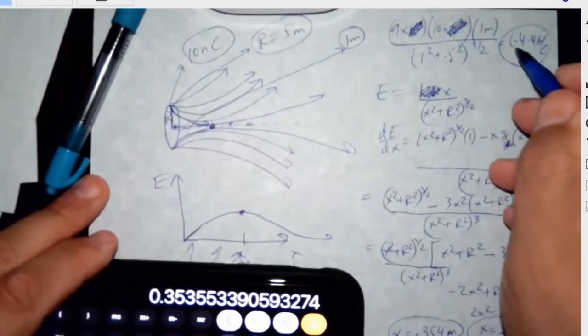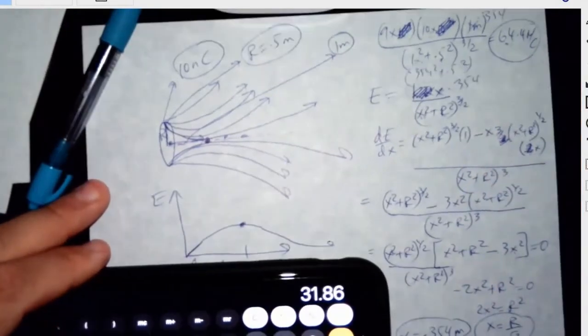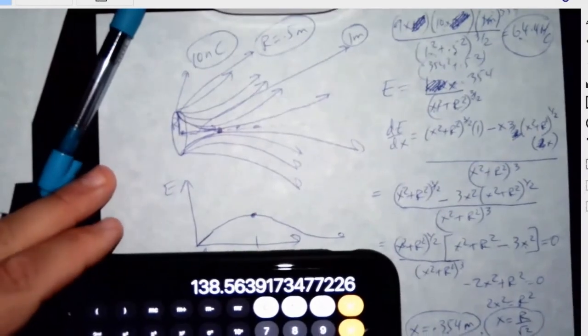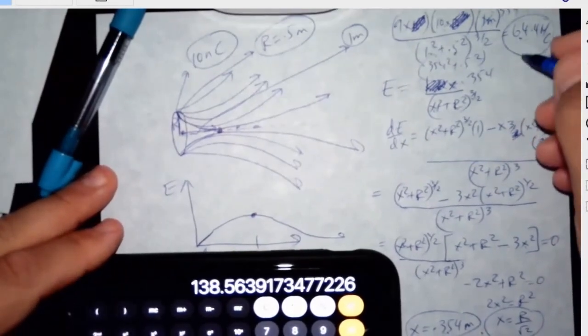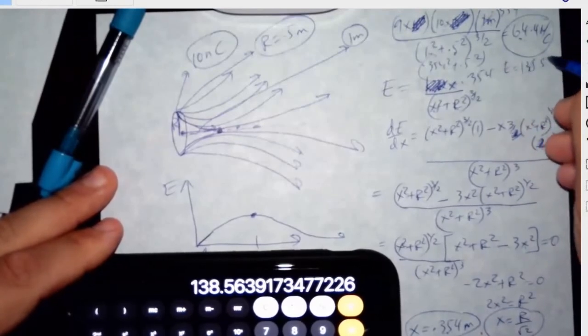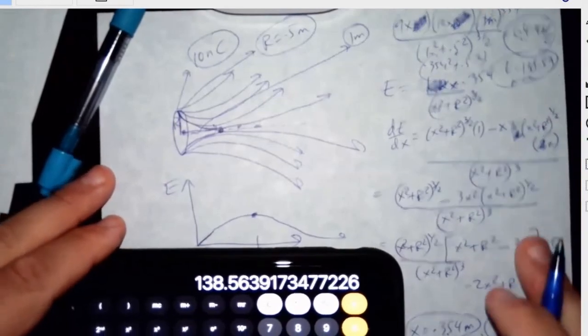You see, it's going to be larger than this number. So what is 0.354 squared plus 0.5 squared, close parentheses, raised to the power 1.5? Yep. Way bigger. Wow. 138.57. That's the maximum value of the electrical field.